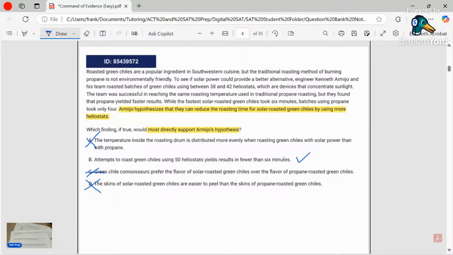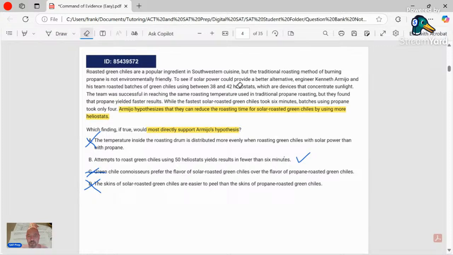If there was more than one answer choice that talked about supporting the hypothesis, which is reduce the roasting time, well, let's see. Attempts to roast using 50 heliostats, by using more heliostats. Originally, it says use 38 to 40 heliostats, so 50 would be using more. And then it says the team was successful, reached the same roasting temperature, but they found the propane yielded faster, while the faster solar green chiles took 6 minutes. And this one says fewer than 6 minutes.